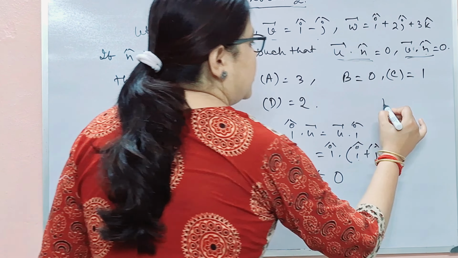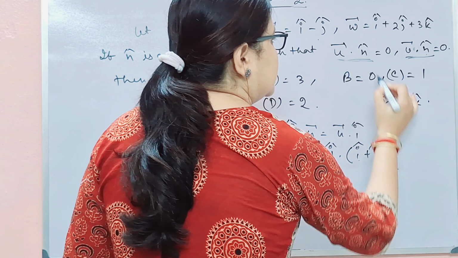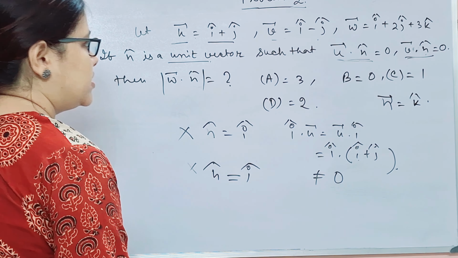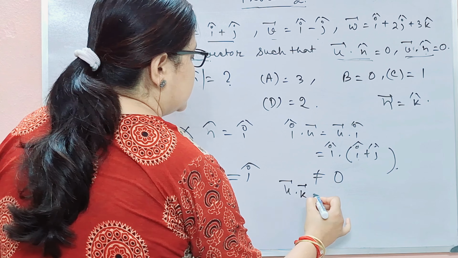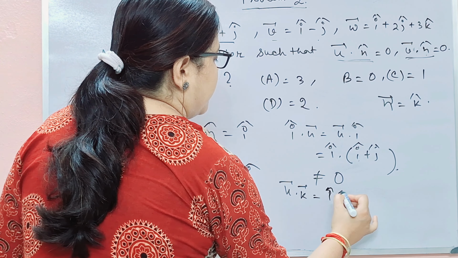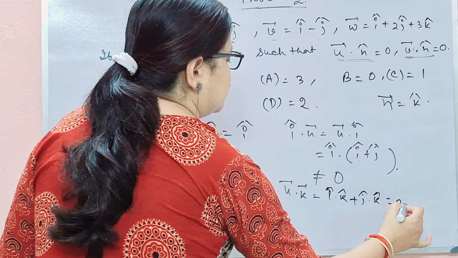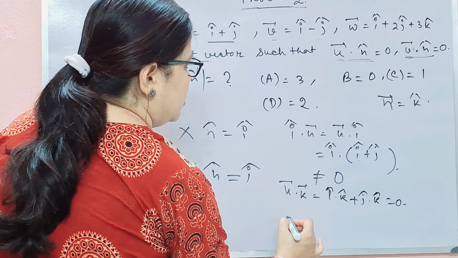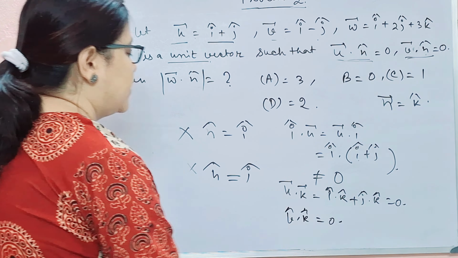So if I put n as k, then these two conditions are easily satisfied because u dot k equals i dot k plus j dot k, and that is equal to 0. Similarly, v dot k is also 0.